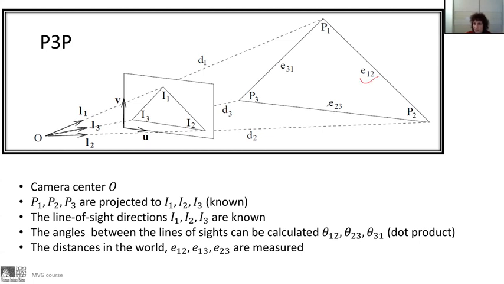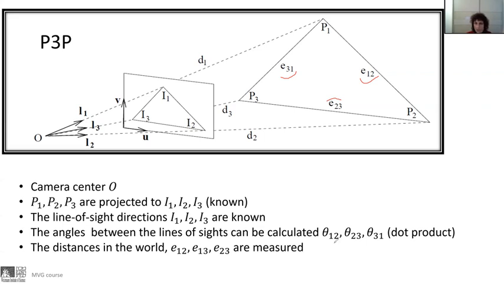I know the distances, E12, E23, E31. I know I1, I2, and I3. Okay, and I know the directions, L1, L2, and L3. And since I know the directions, I can also know the angle between L2 and L3, the angle between L3 and L1, etc. So here I wrote what I know, just so it will be clear.